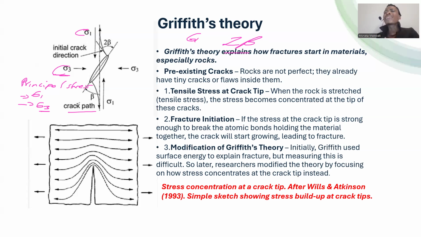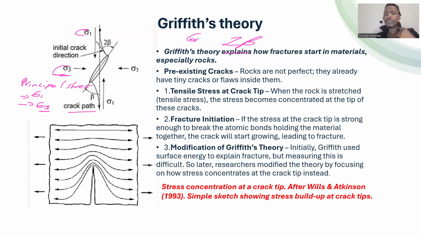Due to the tensile stress, the rocks get stretched, and the stress will concentrate at the tip of these cracks. So if the initial crack is there, Griffith's theory will focus on that crack, at the tip.